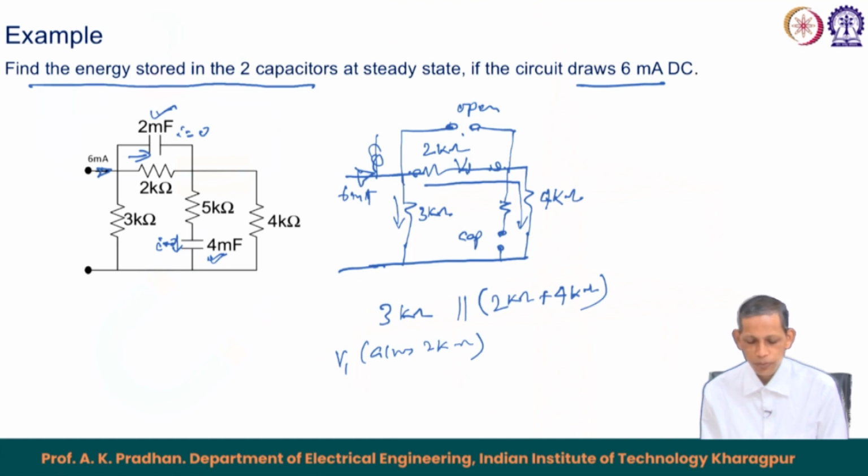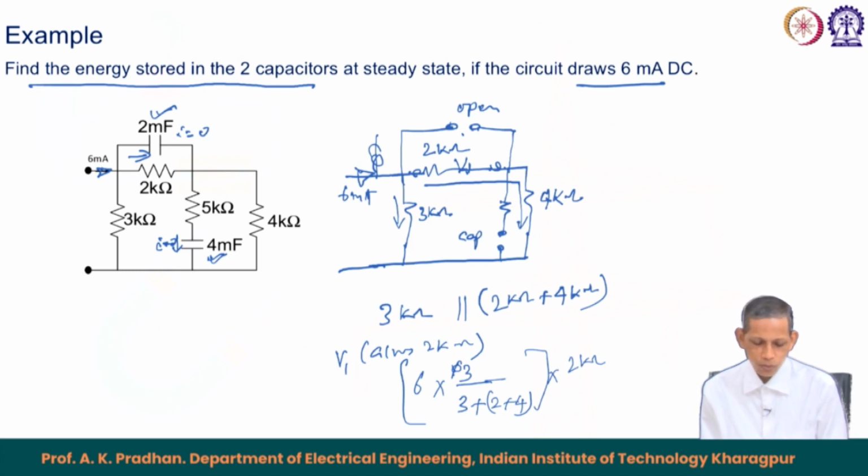So, the current through this path is from the parallel combination: 6 milliampere into 3 upon 3 plus 2 plus 4. That is the corresponding current through this branch, into the 2 kilo ohm, giving the voltage across the 2 kilo ohm.